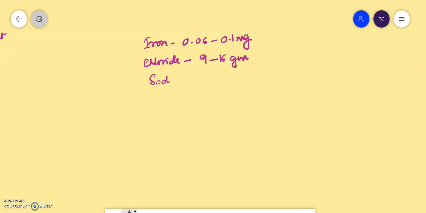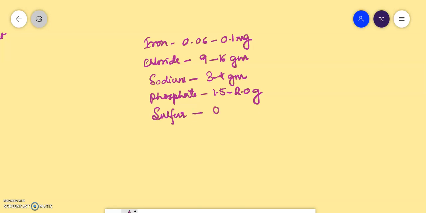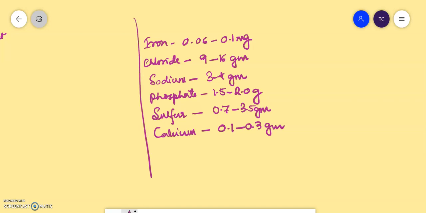Then sodium 3 to 4 gram. Phosphate 1.5 to 2 gram. Sulfur 0.7 to 3.5 gram. Calcium 0.1 to 0.3 gram. So these are the contents of the inorganic part of your urine.